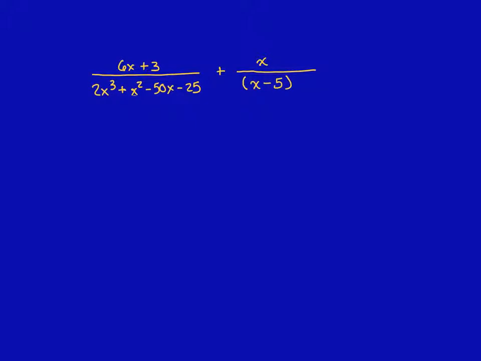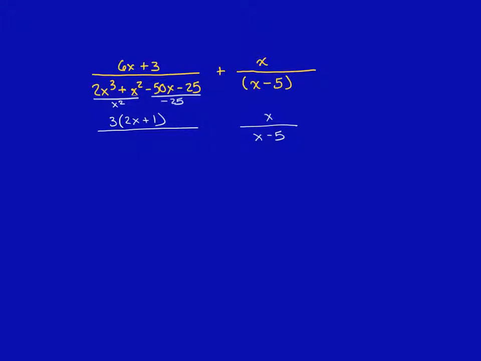Alright, so let's look at another problem. I'm going to need more space on this one. This one's going to stay as x over x minus 5, because that second fraction is already factored. But the numerator on this top one has a common factor of 3, so this is 3 times 2x plus 1. And then we have to factor by grouping here. We can factor x squared, and this would be negative 25.